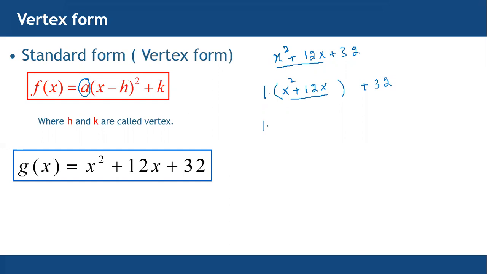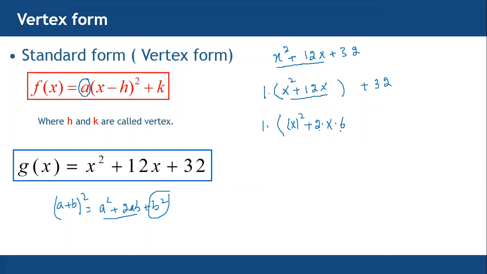We have 1 multiplied with x square like a square, plus 12x. We have the formula: a plus b whole square is equal to a square plus 2ab plus b square. Only a square plus 2ab is given. b square, the third term, is missing. So if we write this 12x in the form of 2ab, with a as x, b will be 6, because 2 multiplied by 6 is equal to 12.